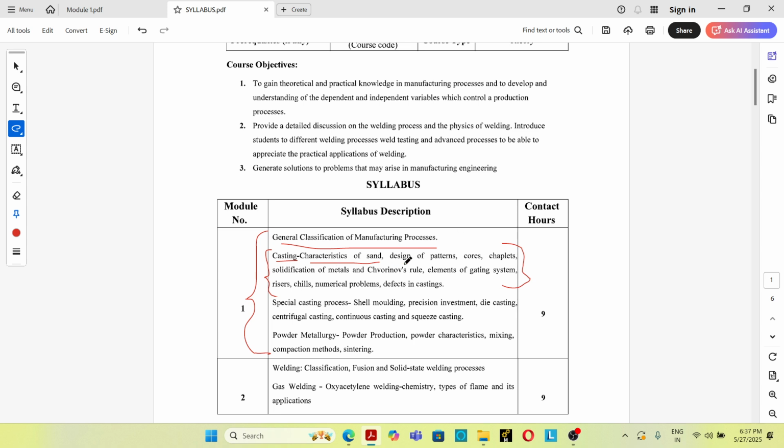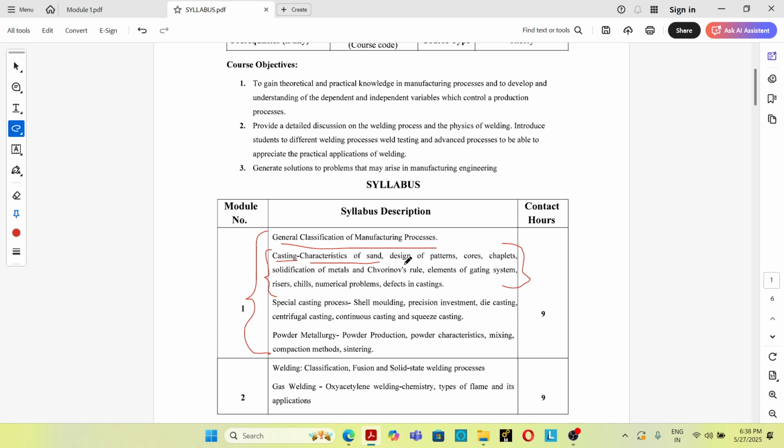Characteristics of molding sand include refractoriness, permeability, collapsibility, flowability, and cohesiveness.